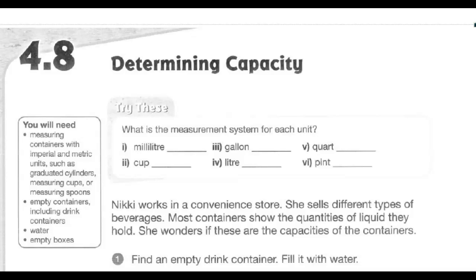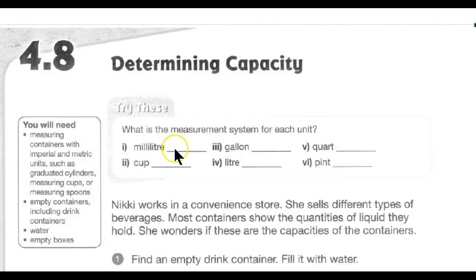holding the substance. So in the try these, it says, what is the measurement system for each unit? So basically, is it an imperial measurement? Is it metric? So remember, metric in capacity is based around the word liter. And basically, if you remember that, that's metric, and everything else in capacity will be imperial.